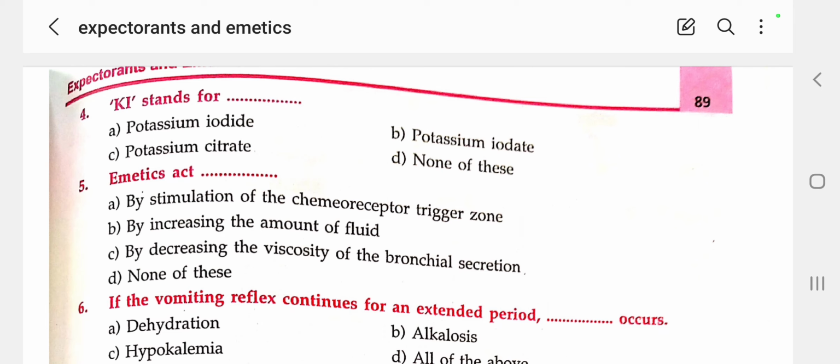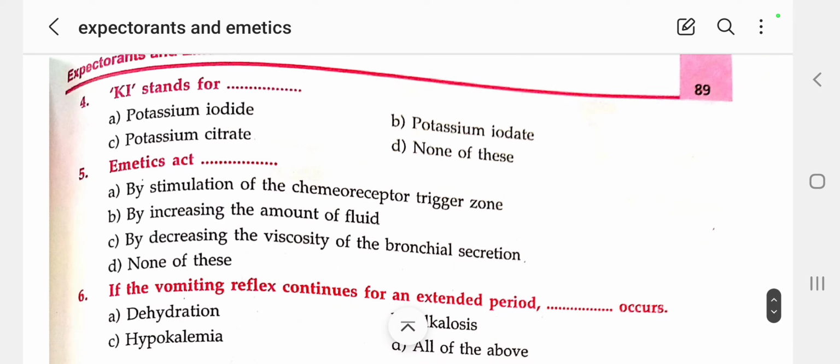Okay, next, KI stands for potassium iodide.